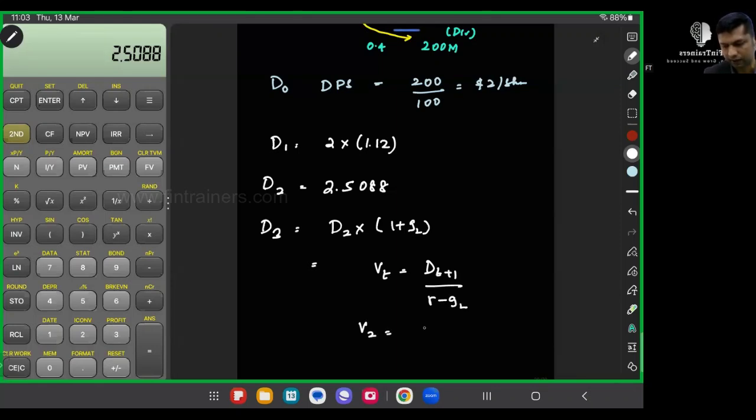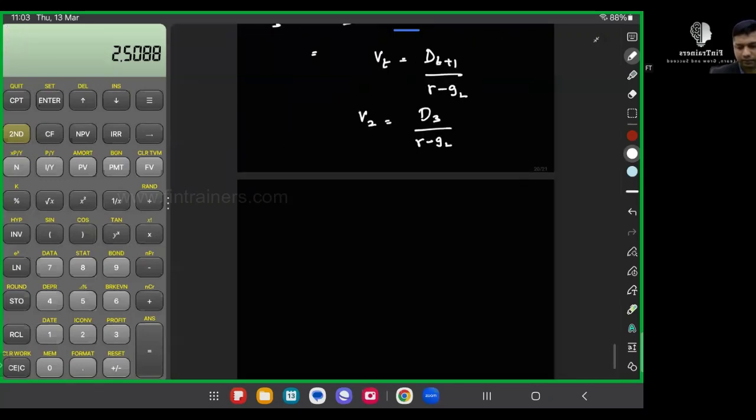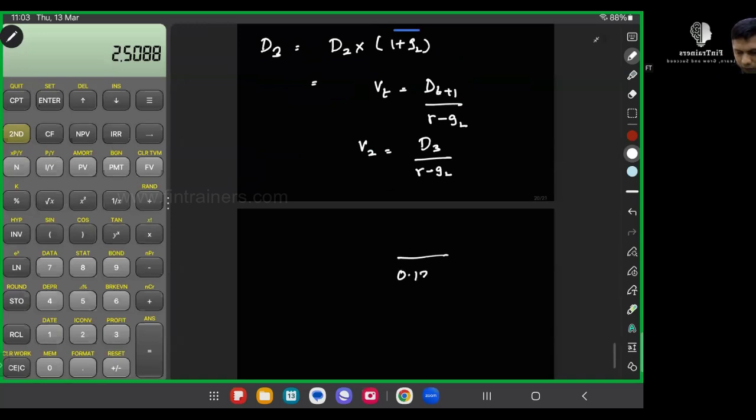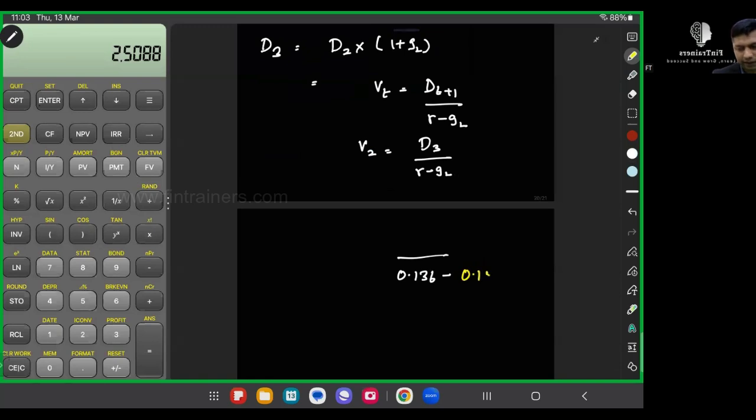We want the value in second year, so I want to use D3 divided by R minus G. Now my R, we calculated as 13.6%. So the denominator is 0.136 minus the sustainable growth rate of 15%. This is your sustainable growth rate. Whenever your long-term growth rate is greater than your R_E, GGM cannot be used. This is one of the limitations of the Gordon growth model. So the sustainable growth rate of 15% can't be used.